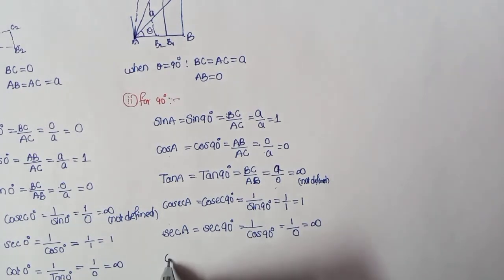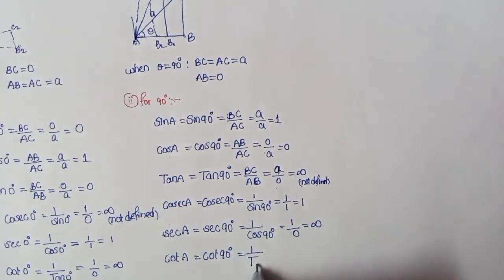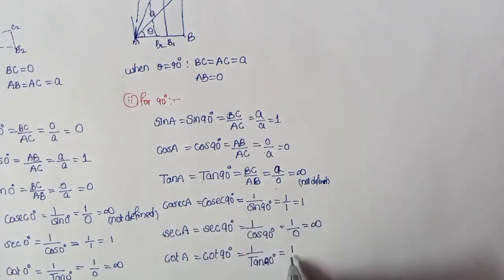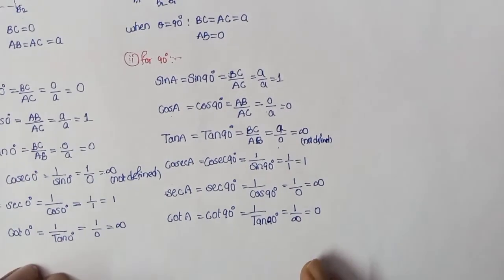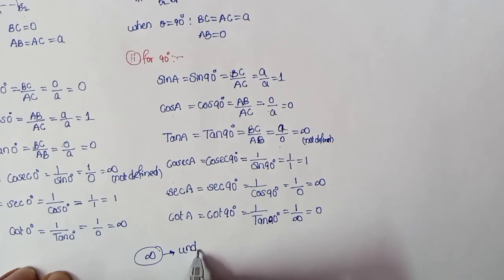Next, cot A, that is cot 90 degrees, is equal to 1 by tan 90, which is 1 by infinity. 1 by infinity is what? 0. Remember, always, infinity has two meanings. One is undefined, that means not defined.